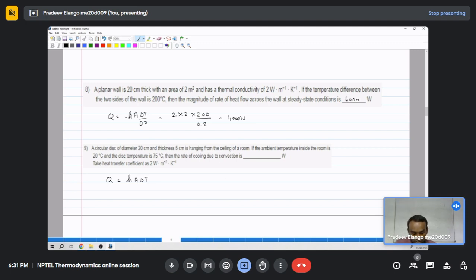Here H is given as 2. The temperature difference is also known. Delta T is equal to 75 and ambient of 20. So 75 minus 20 is 55 degrees Celsius.